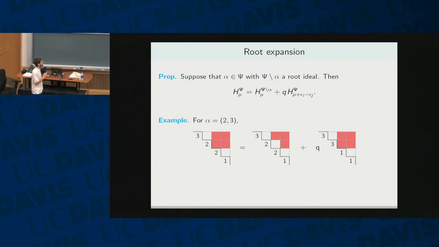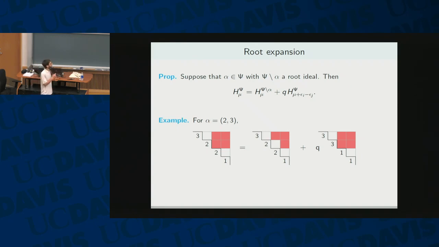We're going to start with the following proposition. Given a Catalan function, like this one on the left, we're going to write it as the sum of two Catalan functions. The way that works is we have to choose some root alpha, which is an outer corner in some sense of this root ideal. In this case, there's only one outer corner. By that I mean I can remove it and I still get a root ideal.